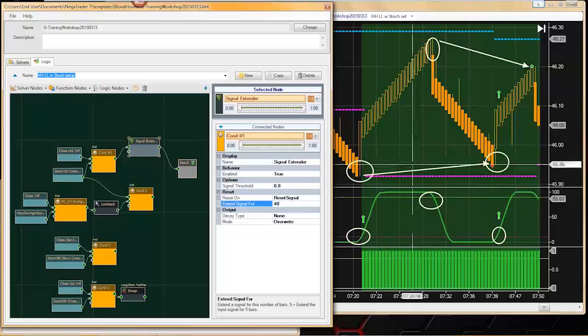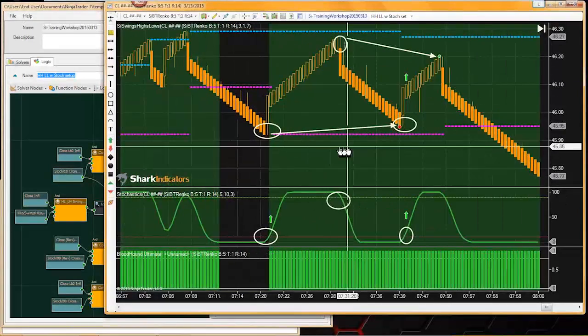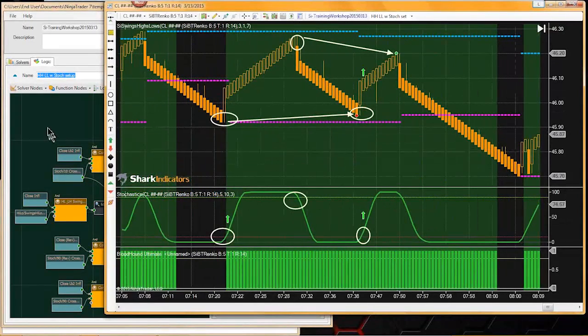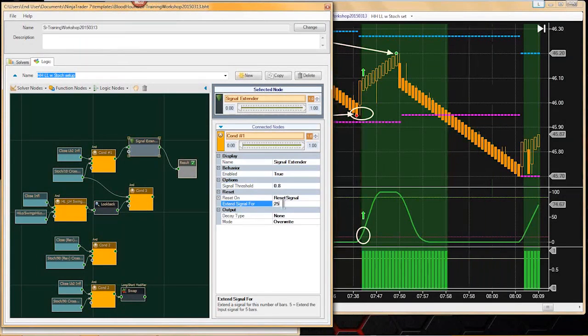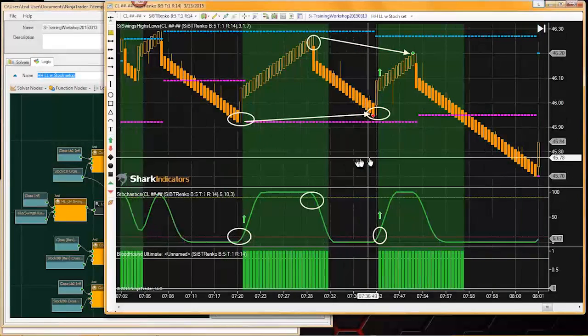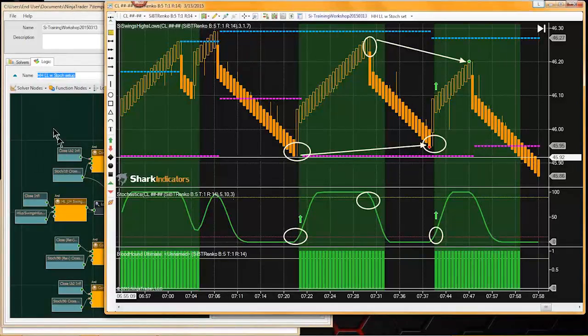So let's see, if I extend the signal forward for 40 bars, that looks a little excessive. Maybe 25 bars, and that's not quite enough.